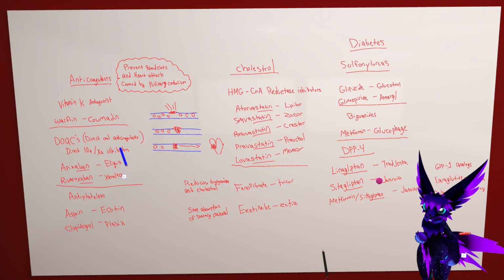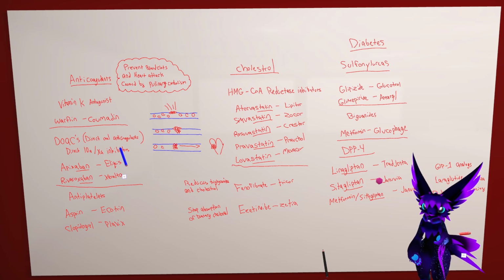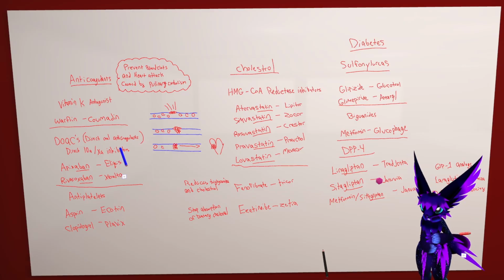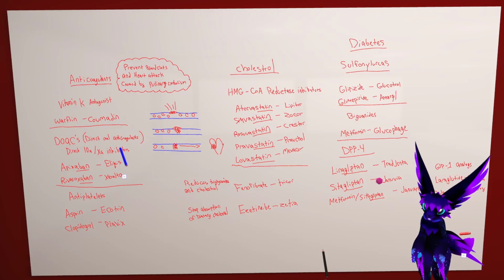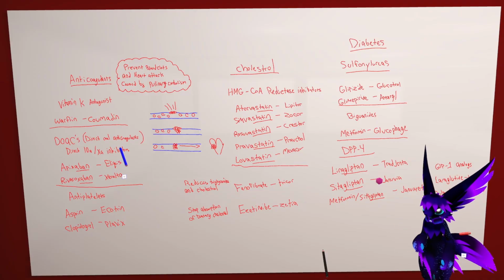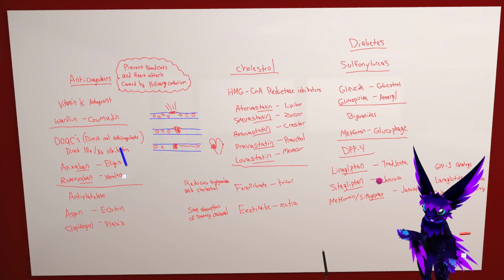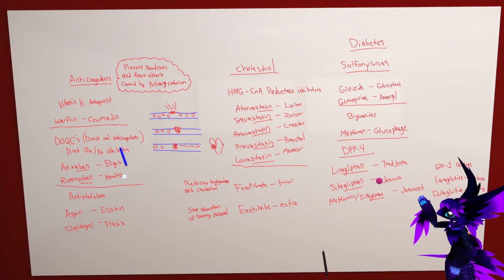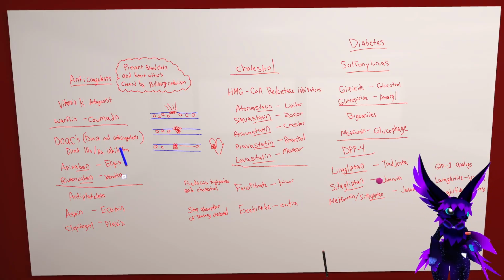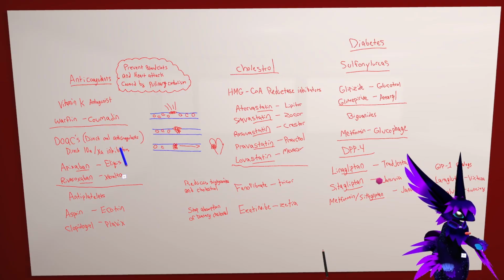They are known as gliflozins. And they cause more glucose to be excreted into the urine, so you're not actually reabsorbing it within your body. So it stops that sugar from being reabsorbed, which can contribute to diabetes, insulin resistance, and fat. So that's what SGLT2 inhibitors do.